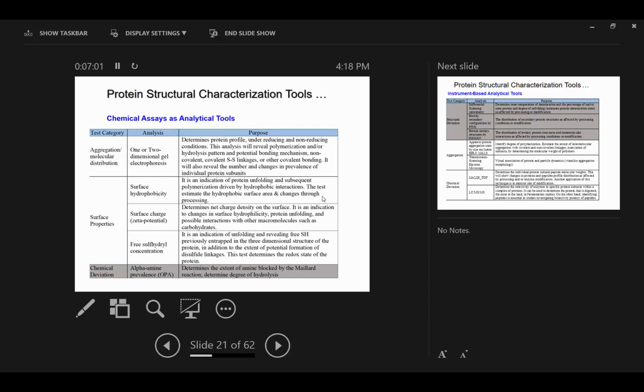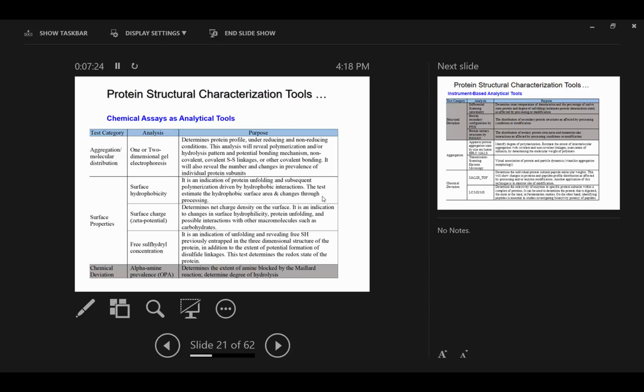Another use for it, which is basically what you're going to be using it for in the lab, is to determine the extent of glycation. So you will be measuring how many amine groups have been blocked by reacting with sugar.